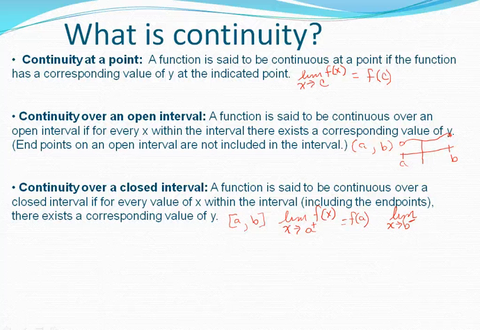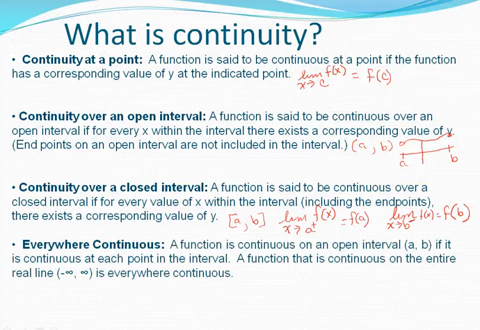And I want to know that the limit of my function as x approaches b is actually equal to the function value when x is b. If this is true, then my right-hand boundary limit exists as well. Therefore, if these both come true, then we have continuity over our closed interval.